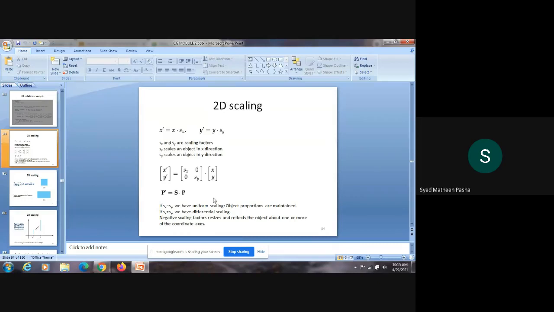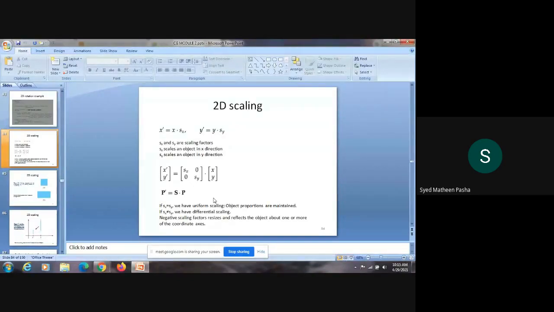Then we saw some conditions in scaling. If the value of the scaling factors, Sx as well as Sy, is lesser than 1, we reduce the size of the object. If the values are greater than 1, it will produce some enlargement.